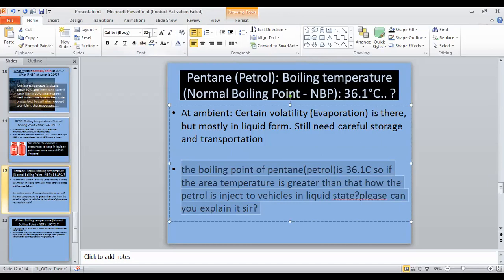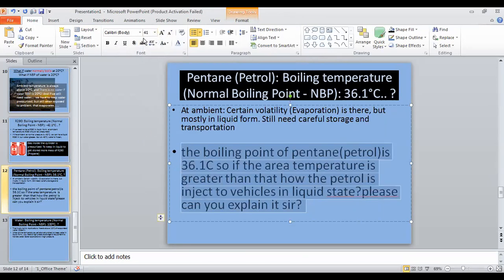See, now we are thinking. Very good. The question: the boiling point of pentane or petrol is 36.1. So if the area temperature is greater than that, how is the petrol injected into vehicles in liquid state?